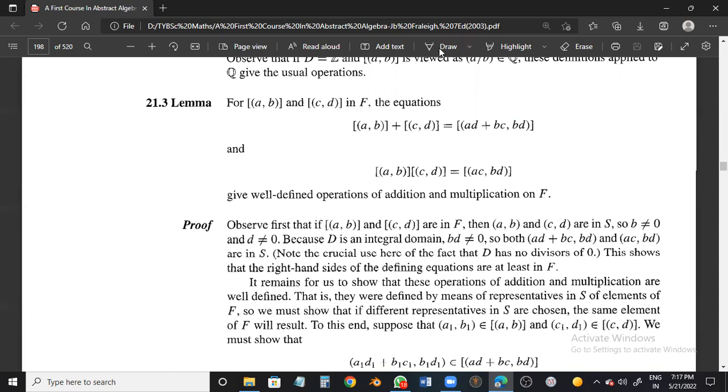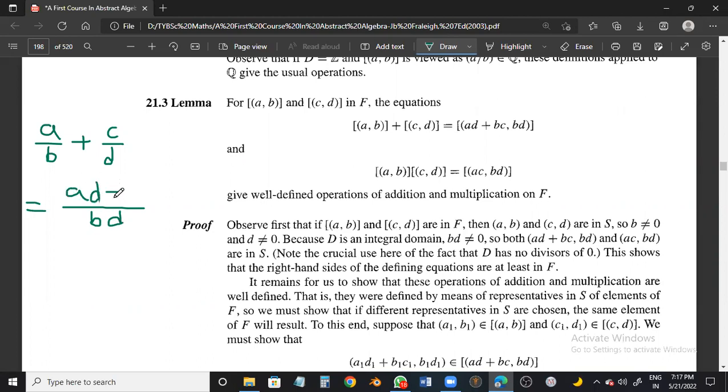I would like to remind you, you had A by B plus C by D. How do you perform this operation? You take the product of the denominators, so this is BD here. In the numerator, you write AD plus BC.